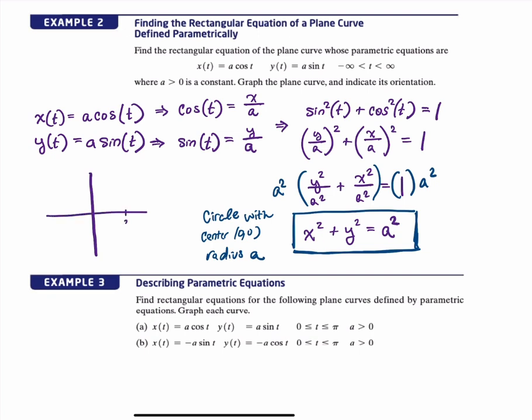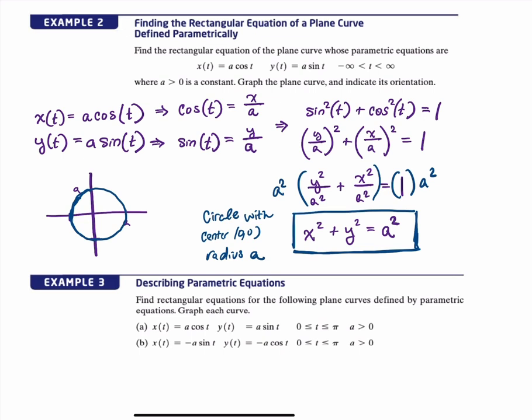It'll go out a distance of a in both directions. So in what direction will this be traced? If we wanted to, we could create a table of values. Let's think of a few to plug in.